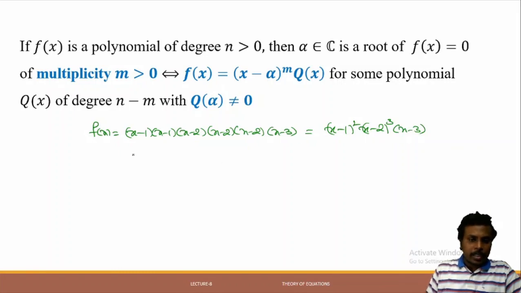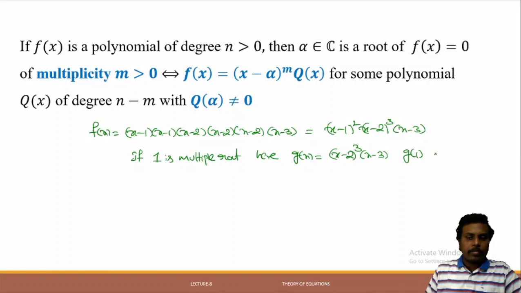Now if I consider 1 as a multiple root, then your g of x is equal to x minus 2 whole cube into x minus 3 and g of 1 is not equal to 0.